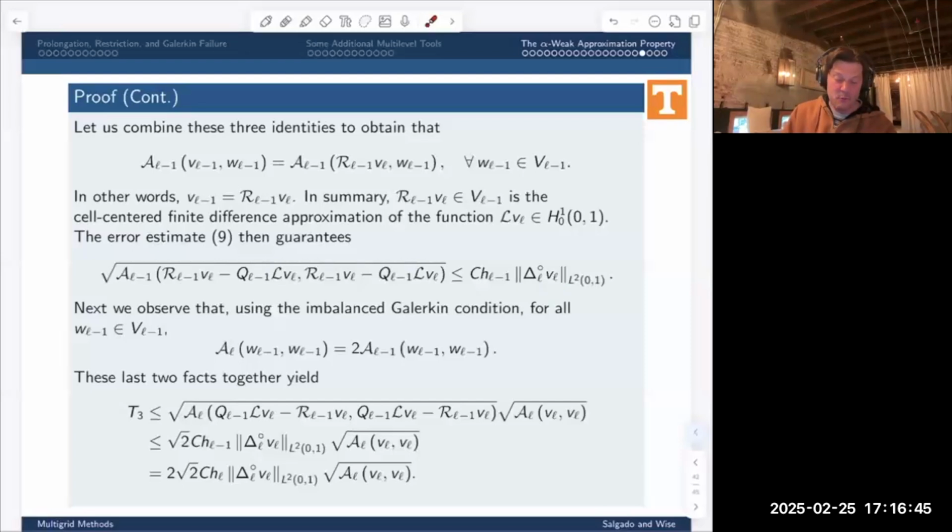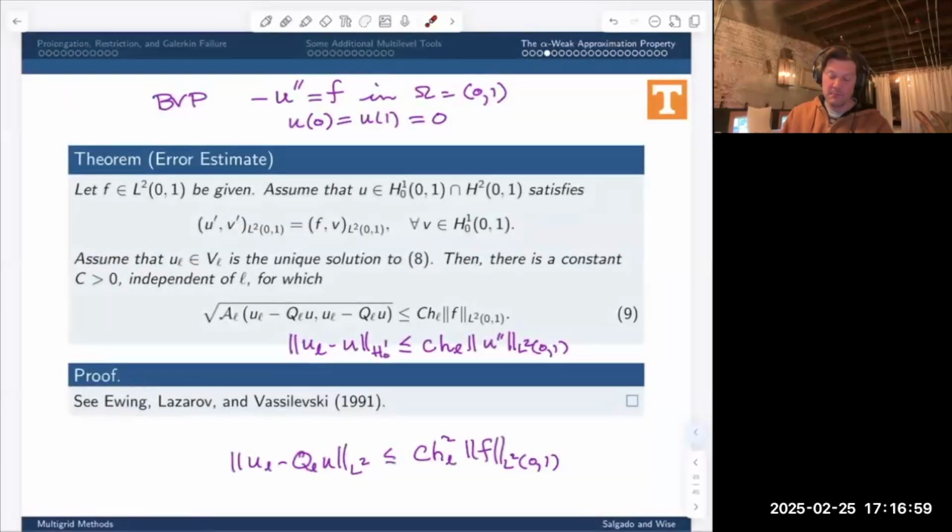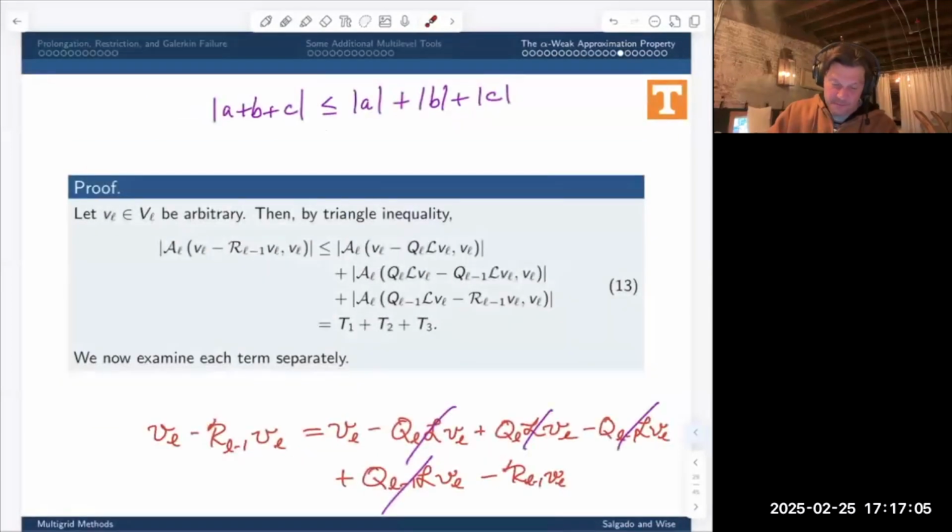Okay, and now what we need is this approximation here, that's something that's eventually going to appear in T3. Okay, that's just going to be our error estimate 9 again. Oh gosh, went back to error estimate 9. Now I've got to remember where I was.